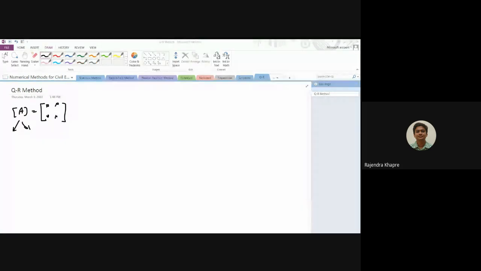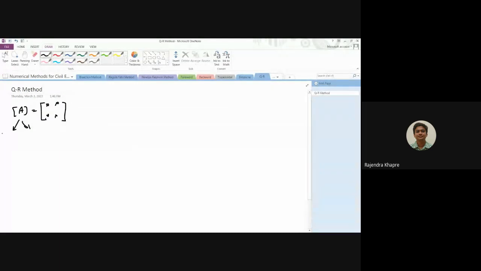But in this particular case, you have to divide this into U and Q, where U is the upper triangular matrix and Q is the orthogonal matrix. Once the values of U and Q are done, we will call them U1 and Q1.